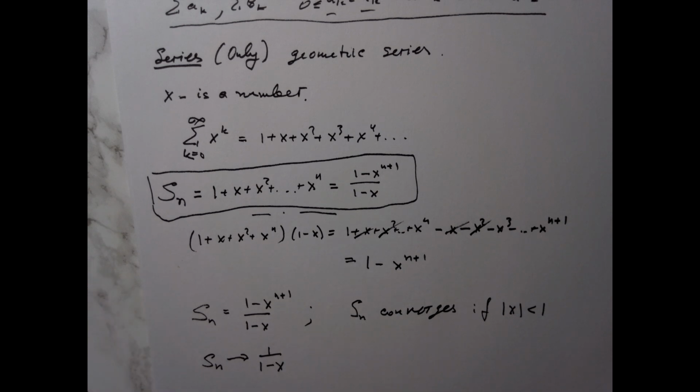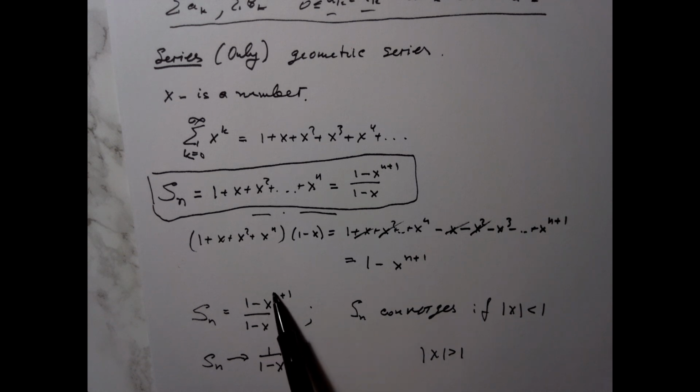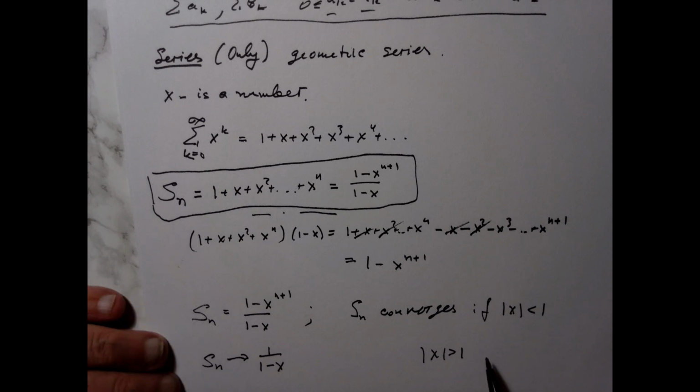It converges to 1 over 1 minus x. Now, what happens if x is greater than 1? Well, if x is greater than 1, then this term over here goes to infinity. In other words, this sequence diverges, and so the whole sequence diverges, and so the conclusion is the series diverges.